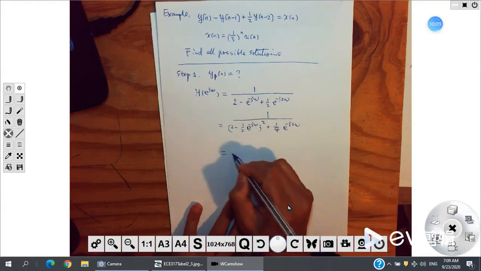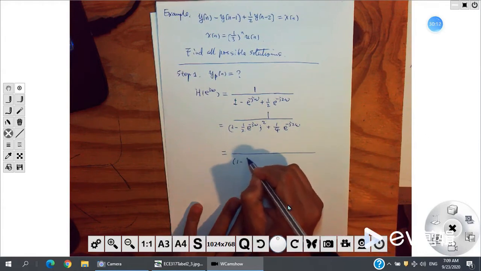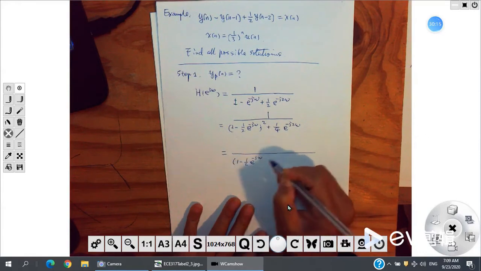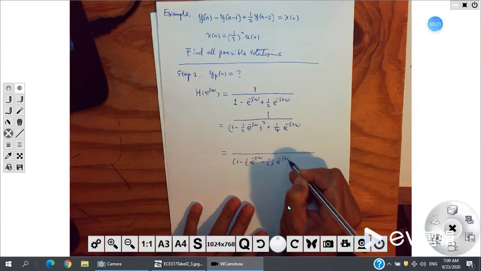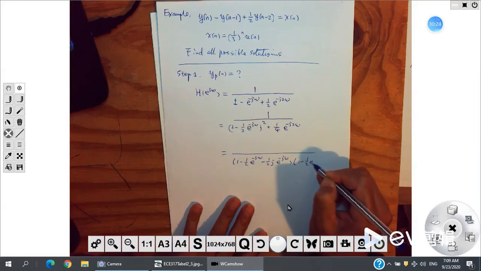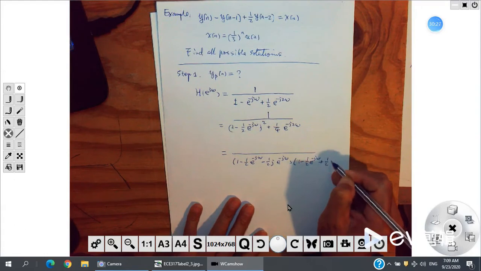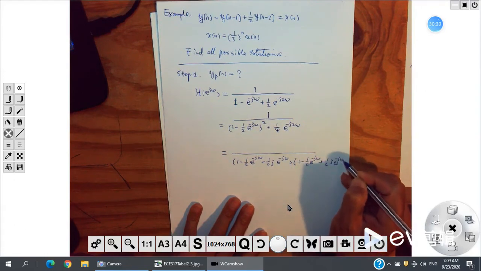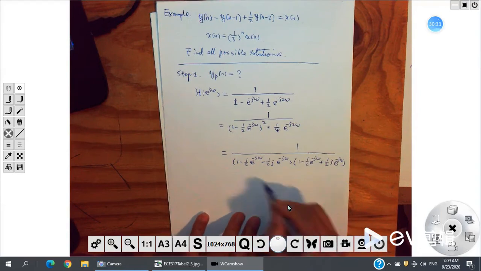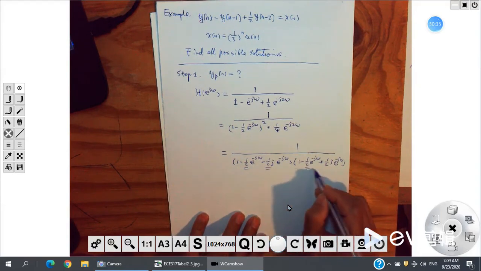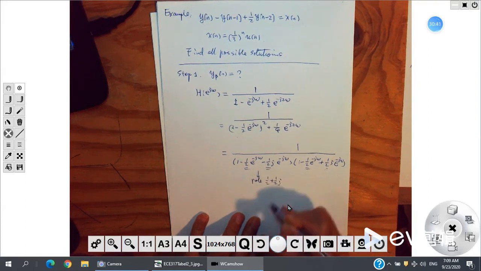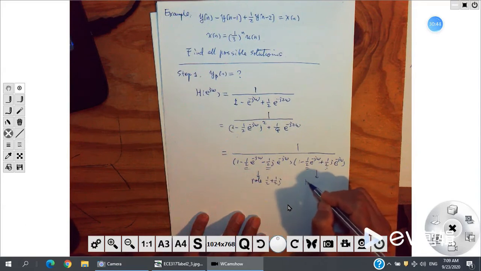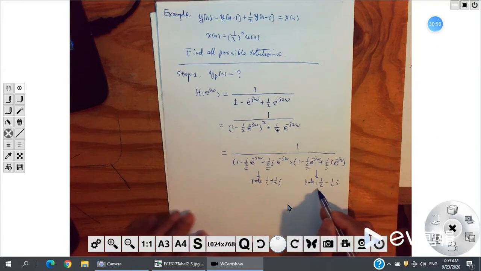If you write more fully, this will be 1 minus 1/2 e to the negative j omega minus 1/2 j e to the negative j omega, times 1 minus 1/2 e to the negative j omega plus 1/2 j e to the negative j omega. The poles: this one gives pole 1/2 plus 1/2 j, and this one gives pole 1/2 minus 1/2 j. So we have two poles, but they are complex.